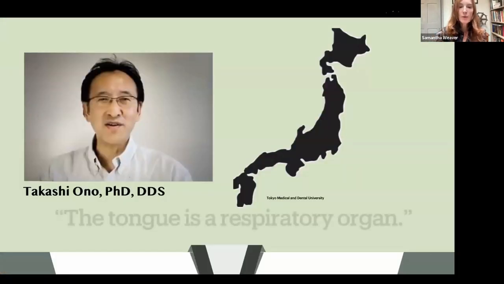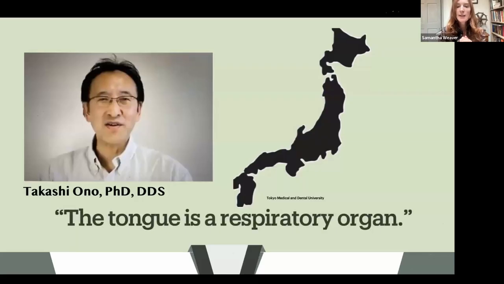Now, we know through the work of Takashi Ono, he's described the tongue as a respiratory organ. It is the primary role of the tongue, which is to create space and protect the airway.